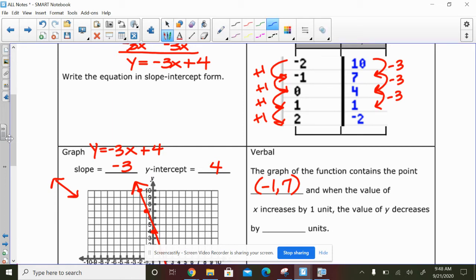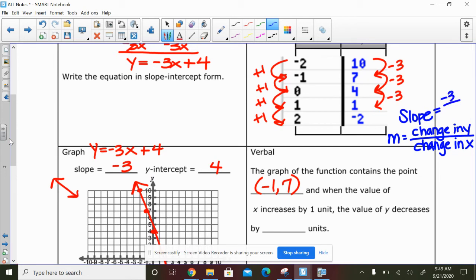So when you do your slope, it can also be represented as your change in y over your change in x. Okay, so here my change in my y's are negative 3.